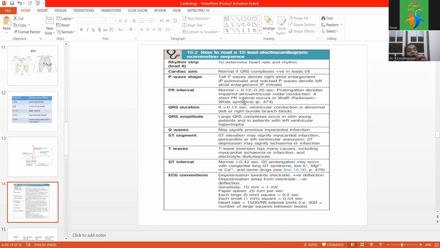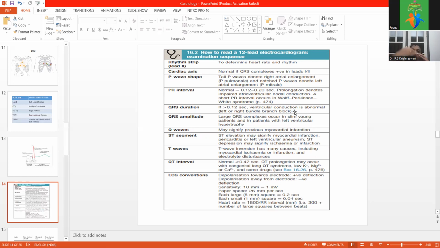Then QRS. We all know that QRS is concerned with ventricular depolarization. So if the QRS duration is greater than 0.12 second, there is a ventricular conduction delay. That is bundle branch block. We all know there is the SA node, AV node, bundle of His, bundle branches, and Purkinje fibers.